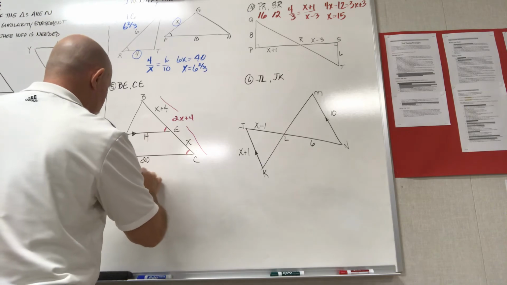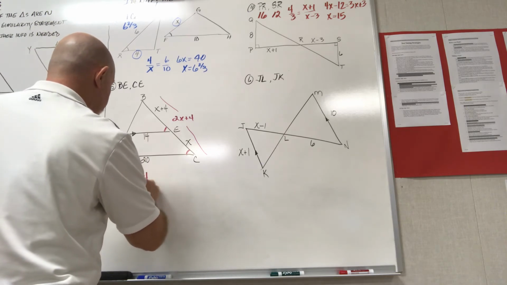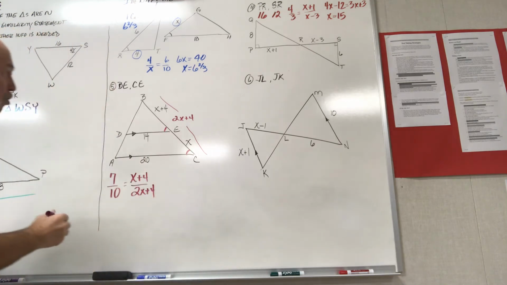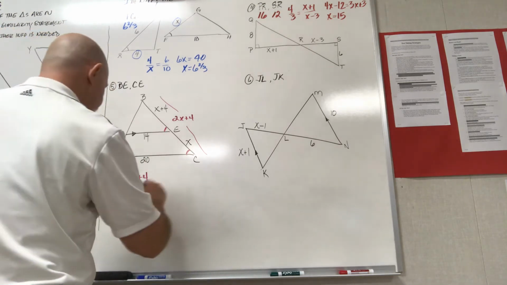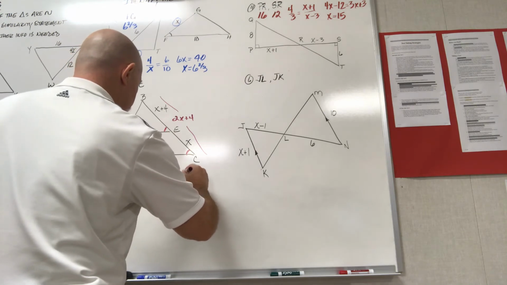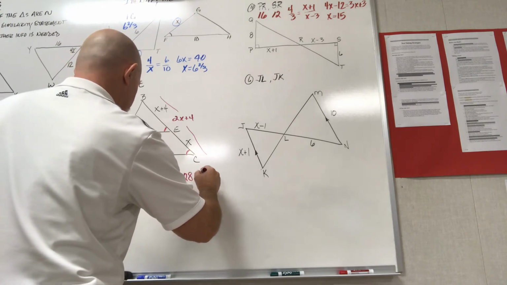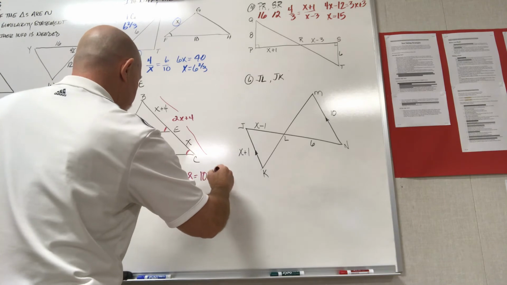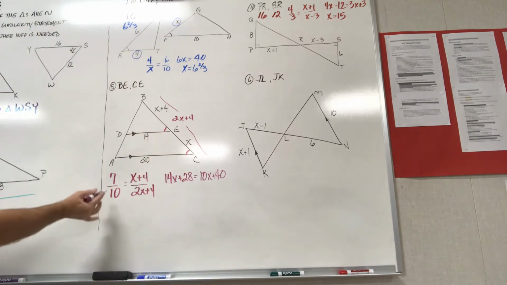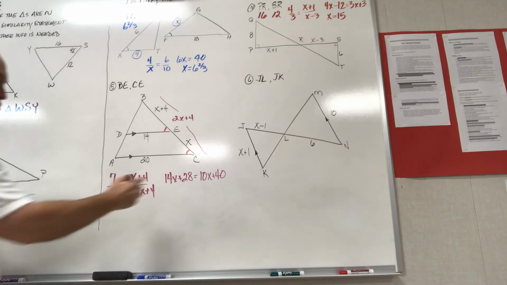X plus 4 is the small side. The longer of the sides. Okay, don't forget to distribute.